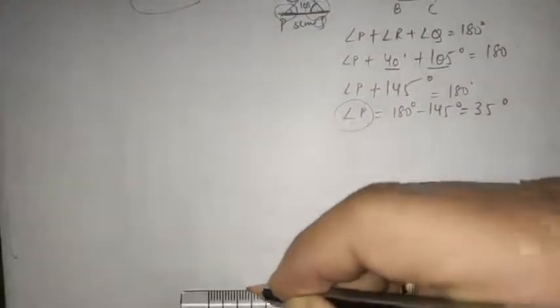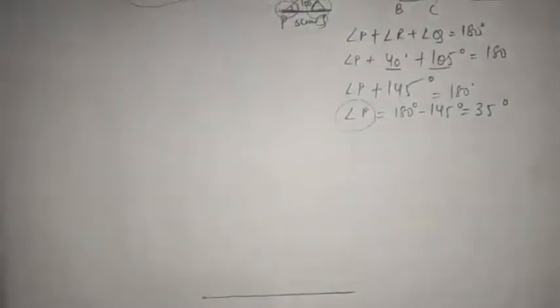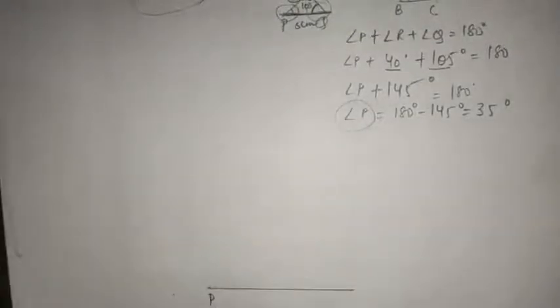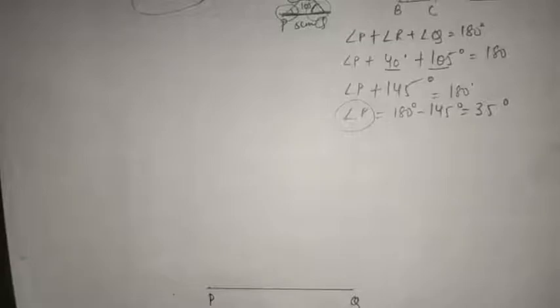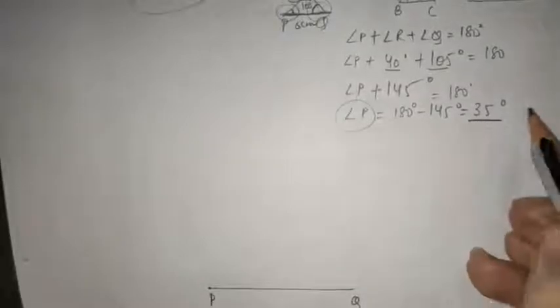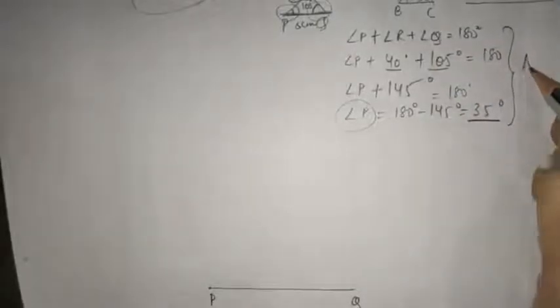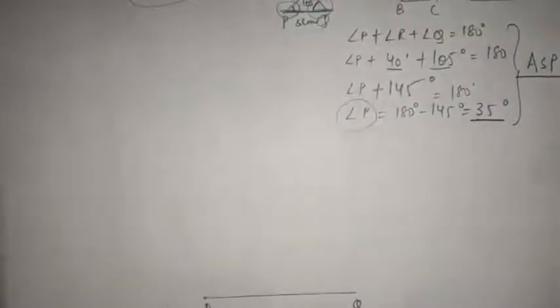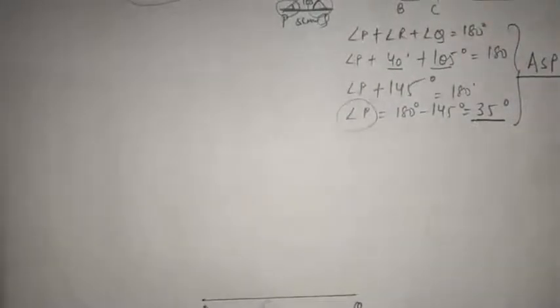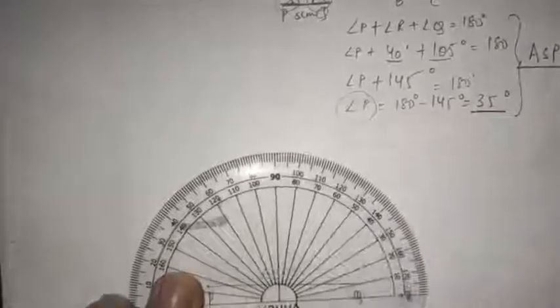This is the 5 centimeter side whose name is P and Q, right? And the second step what we have to do is we have to make angle P, which is 35 degree, which we found using angle sum property. That's why the hint was given in your question. It is angle sum property. So this angle P we are going to make with the help of a protractor.